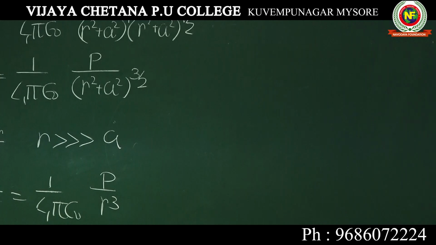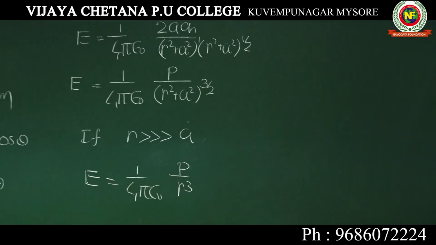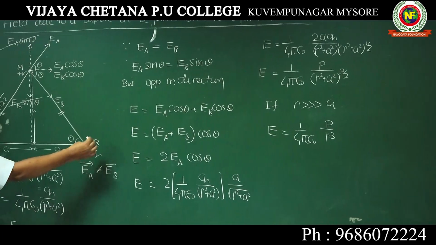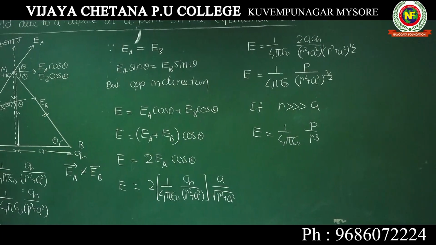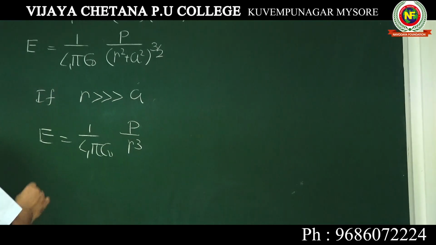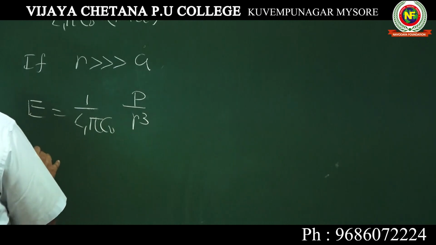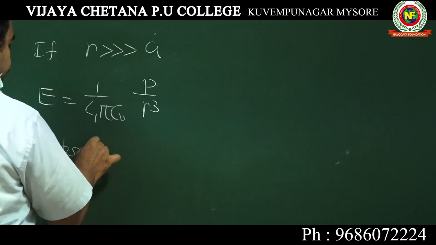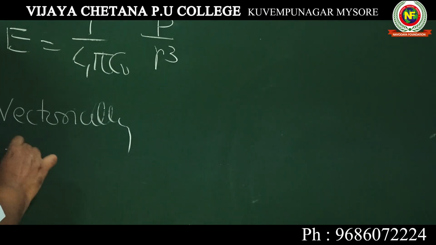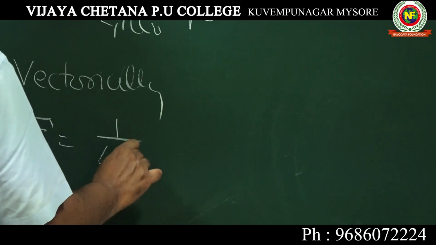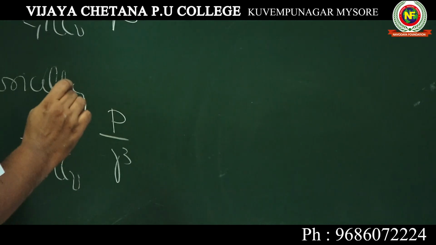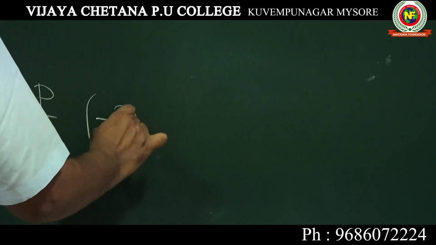Now, if you look at direction, dipole moment is directed from negative to positive. Dipole moment direction is like this, whereas resultant field is like that, opposite to the dipole moment. Therefore, while writing vectorially, electric intensity is 1 by 4 pi epsilon naught P by R cube multiplied by minus P cap.